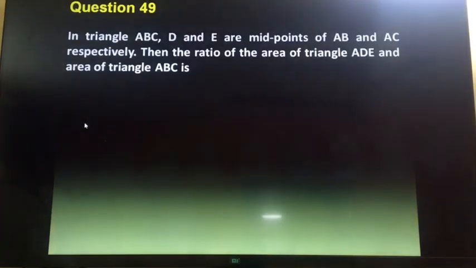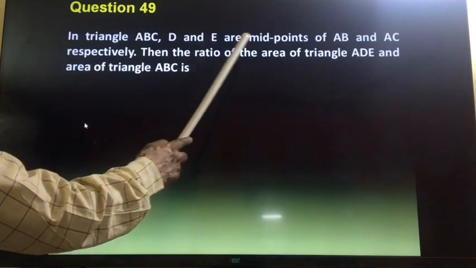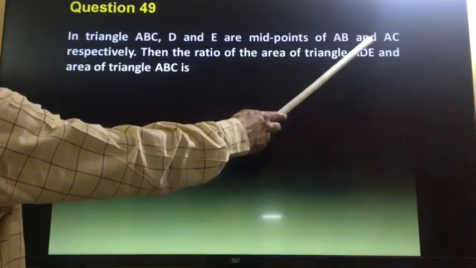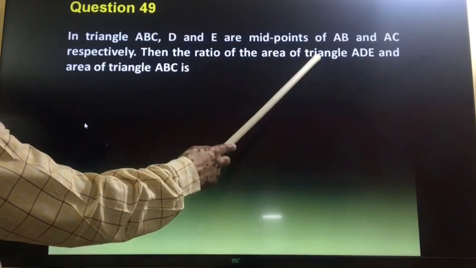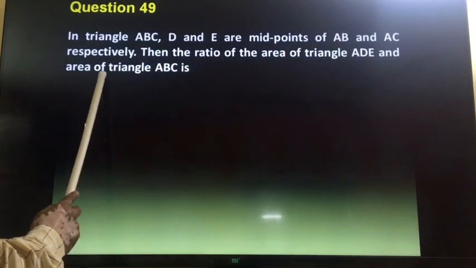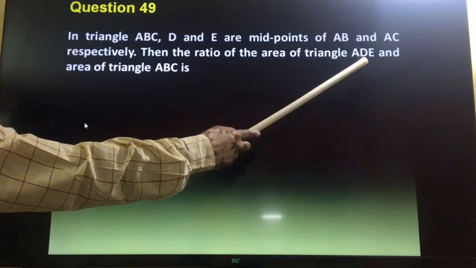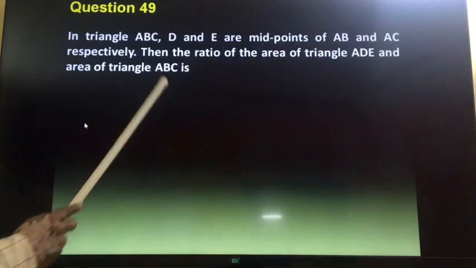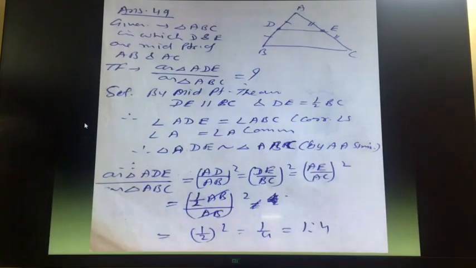Now the 49th question. In triangle ABC, D and E are the midpoints of sides AB and AC respectively. Find the ratio of the areas of triangle ADE and triangle ABC. We have to find the area ratio of triangle ADE and ABC. This we have to find out, right? So see the method.